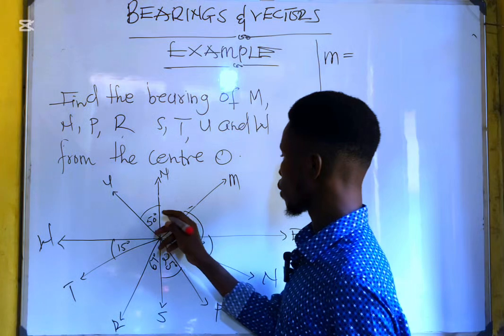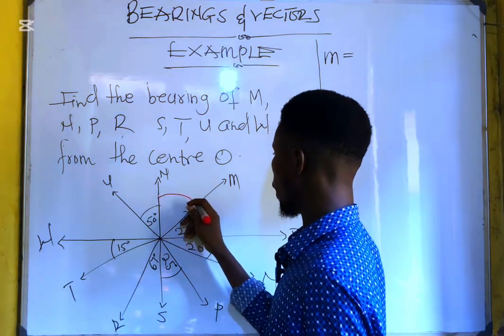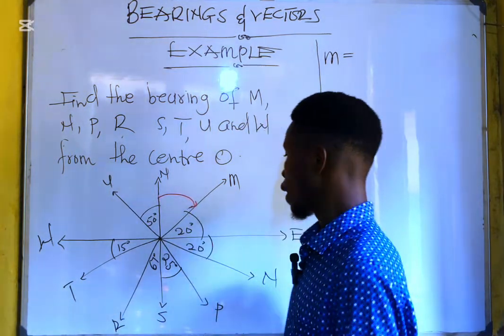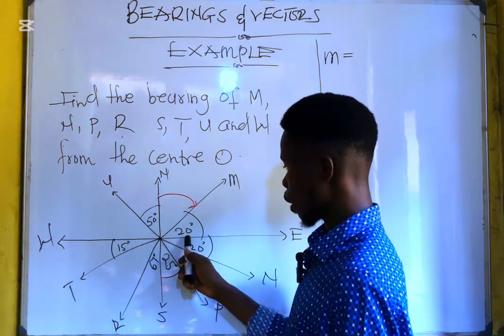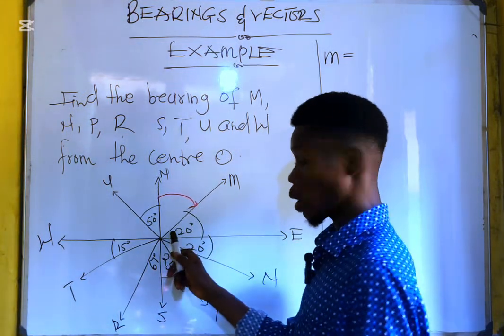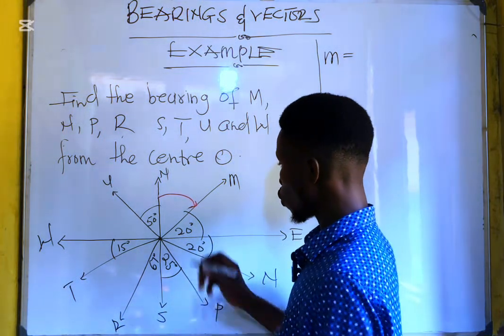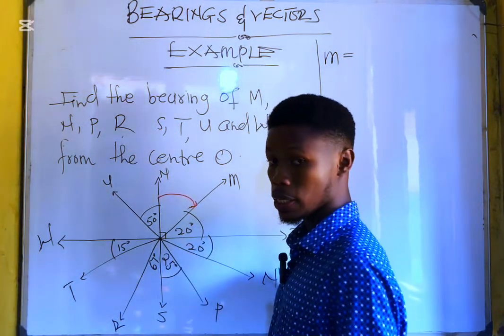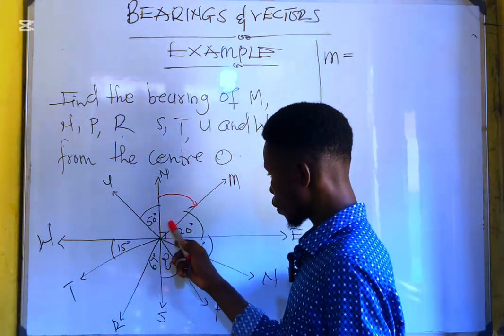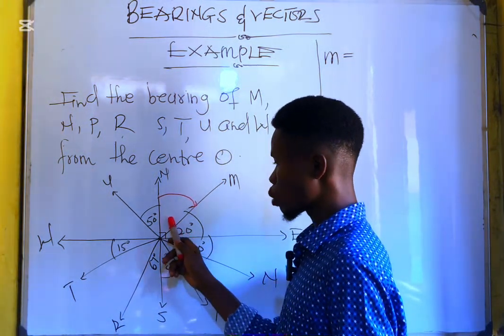Okay, so we stand here and measure to this place. Now we all know that this is a quadrant, one quadrant. From north to east is one quadrant, which is 90 degrees. So if here is 20 degrees, and the whole of this place is 90 degrees, what will be here?